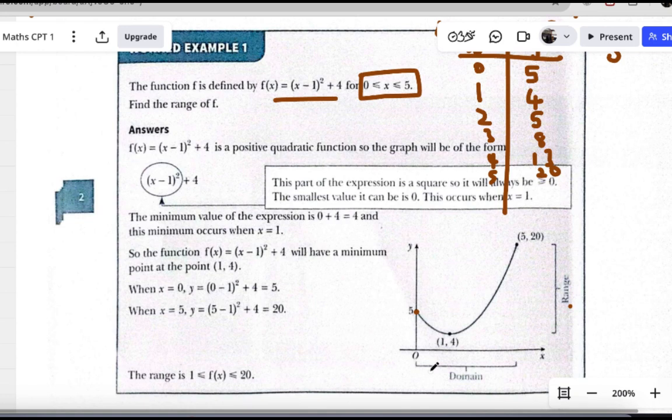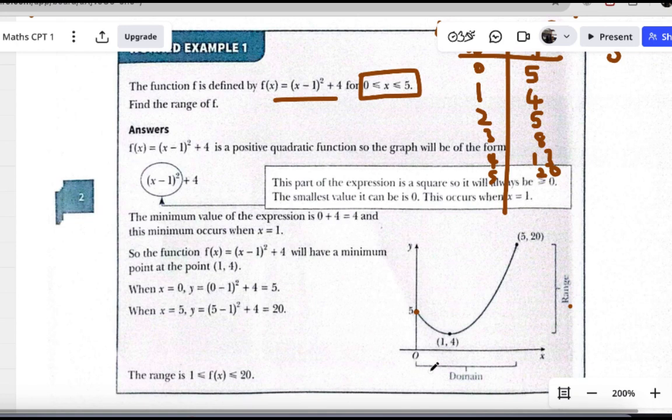Okay, now let's take a look at doing it explicitly. So f of x is (x minus 1) squared plus 4, right? And we have the minimum point at 1, 1. Where's the minimum point? The minimum point is the lowest point on the curve, where the curve starts to turn. So this is the minimum point.